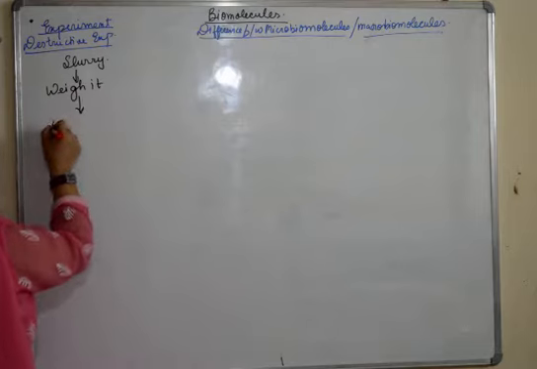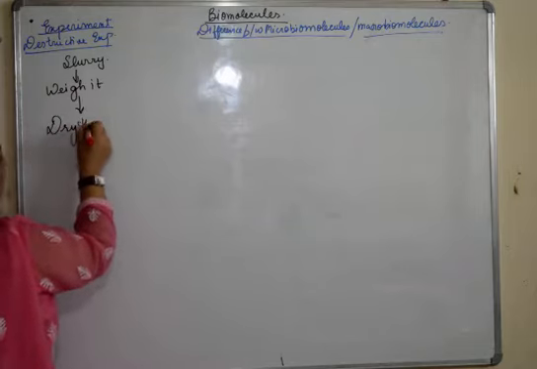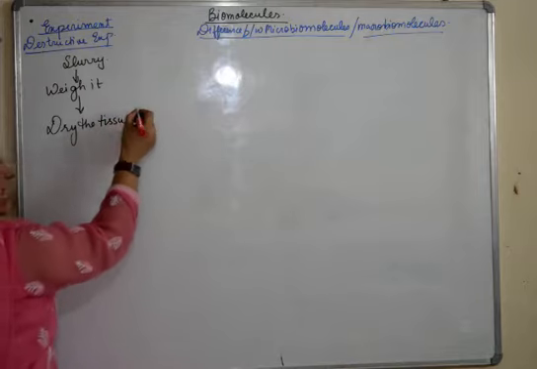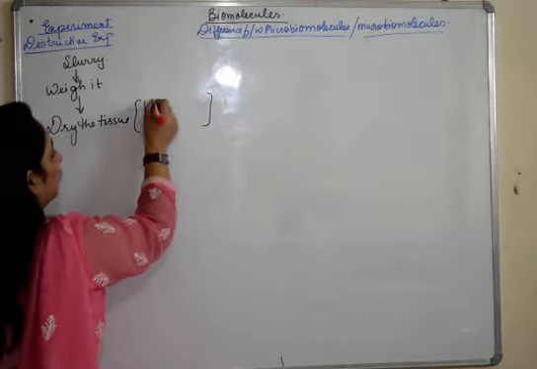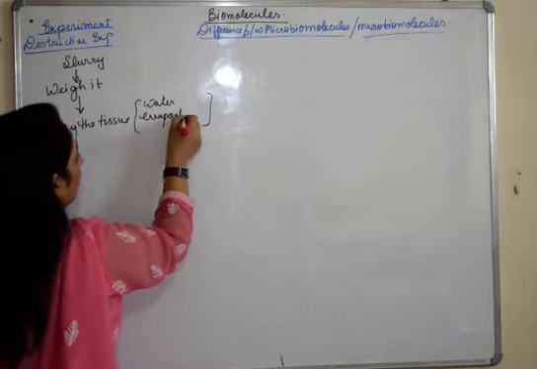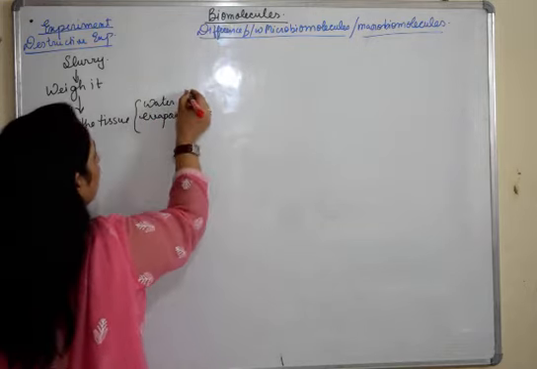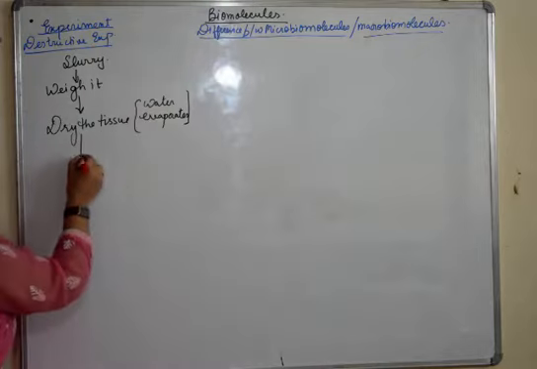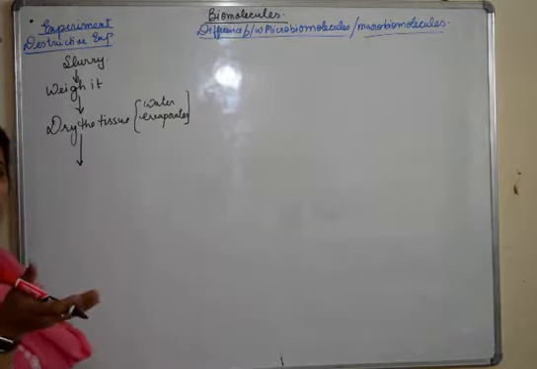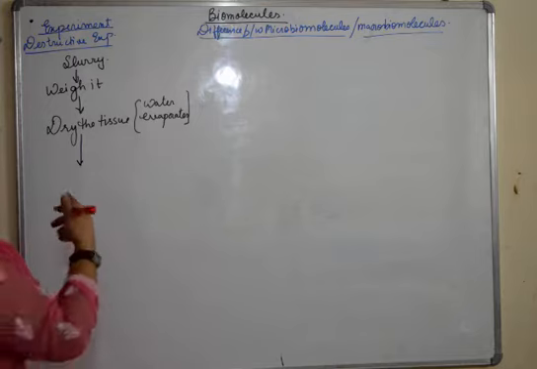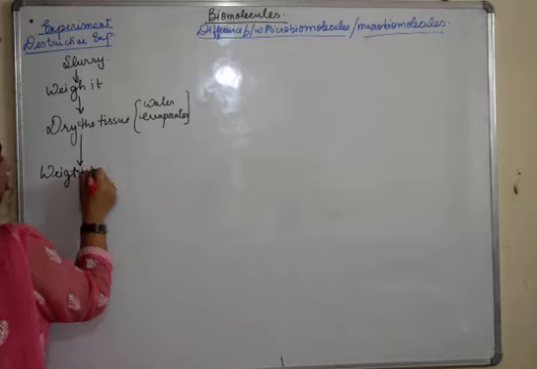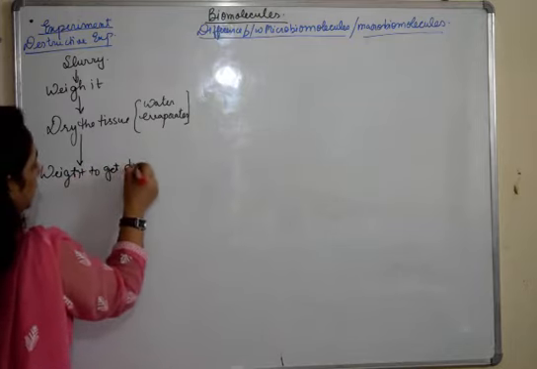Then we will dry the tissue or slurry. When we dry, what happens? The water in the slurry evaporates. And after drying, you will again weigh it to get the dry weight.